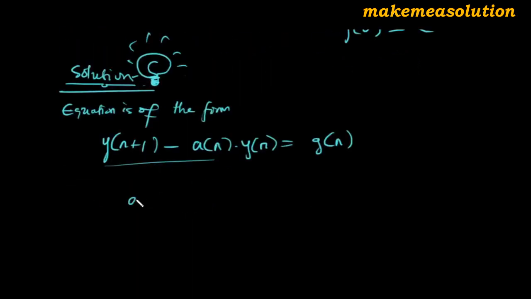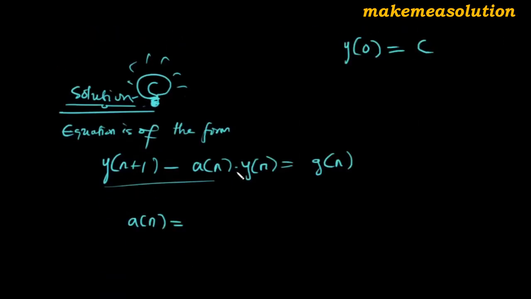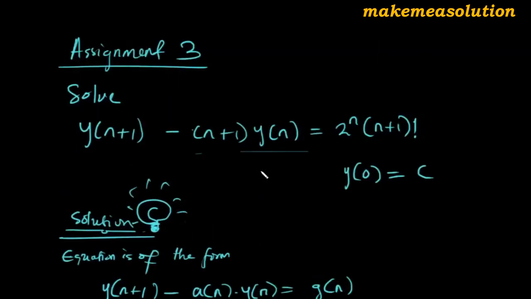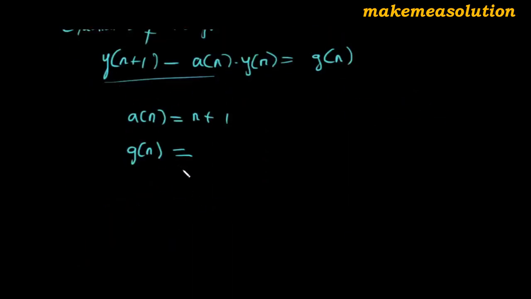The parameters will now be a of n. My a of n, comparing with the one above, is n plus 1, and my g of n, comparing with the one above, is 2 raised to the power of n, then n plus 1 factorial. So if you have it like this, then you can now do something like this.